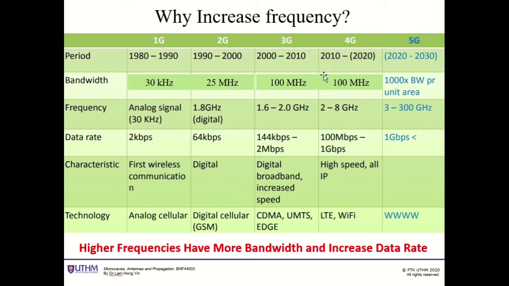So the bandwidth affects the data rate, or the speed of the internet. To overcome this limitation, where we can only utilize 100 megahertz bandwidth, in 5G we use higher frequency at the microwave frequency, 3 to 300 gigahertz, where we can utilize almost 1000 times more bandwidth than the previous 4G.